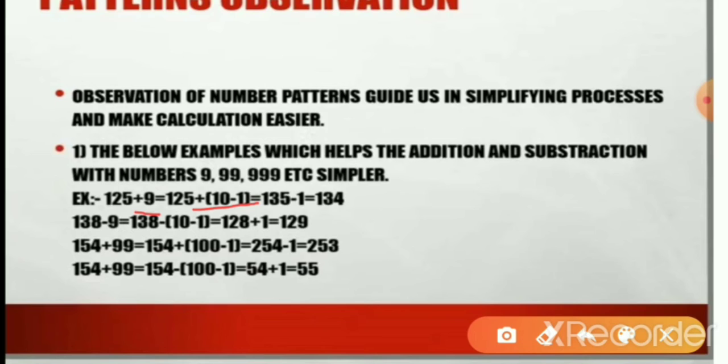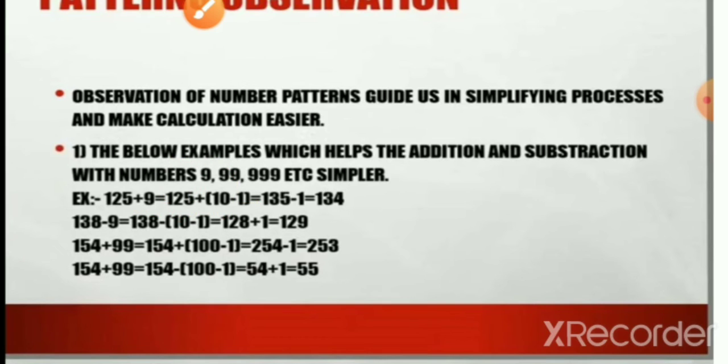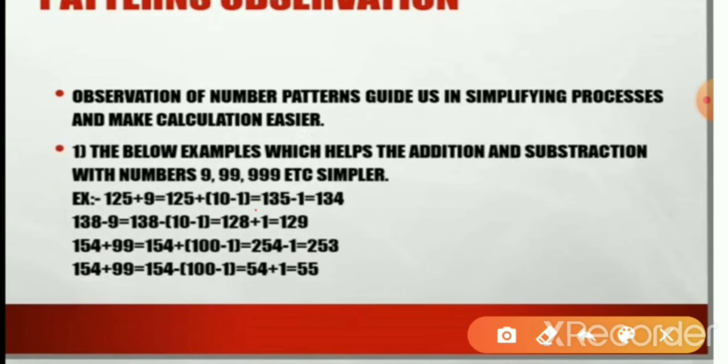If we simplify it, first we will add 125 with 10. If we add 125 with 10, we will get 135, and minus 1. So 135 minus 1 would be 134. In this manner we can simplify our addition or subtraction.